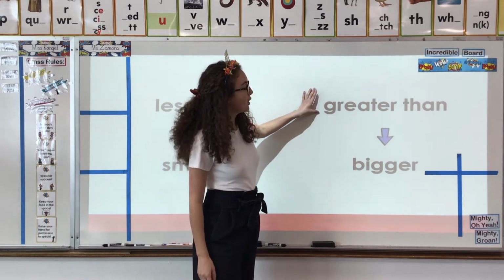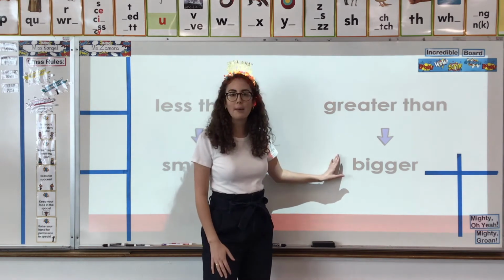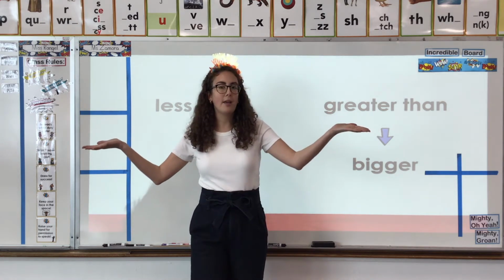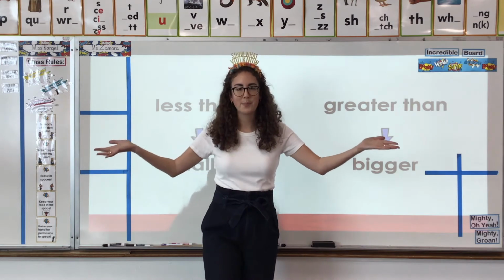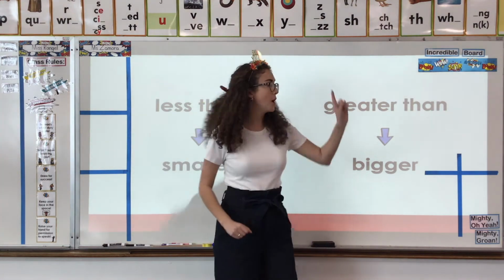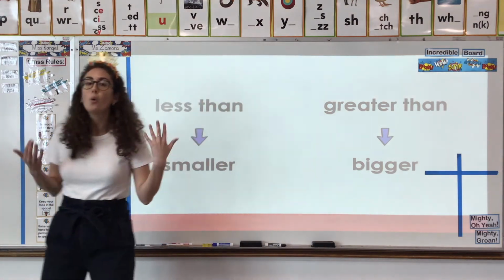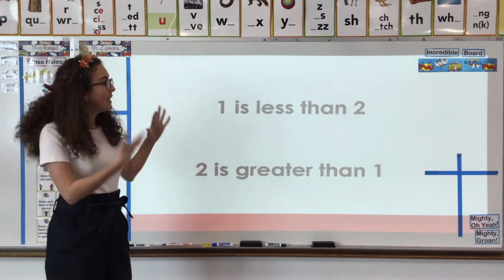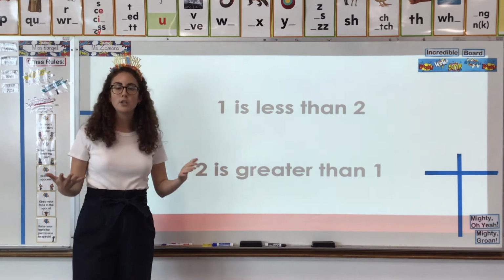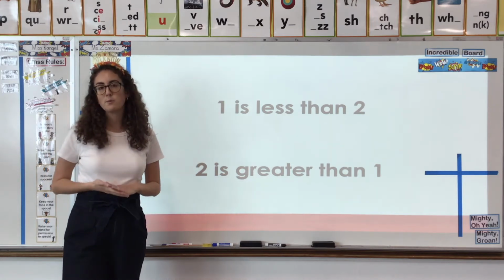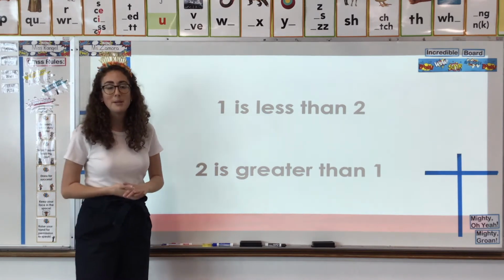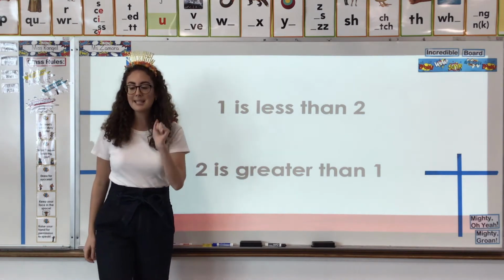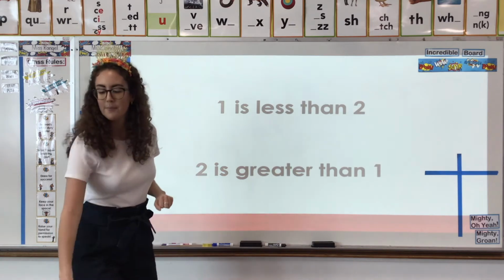So when we're using greater than, we're describing the comparison that one number is bigger than another, greater than. So these terms are the math vocabulary we have been using and we're going to continue using all week. This is how we use our language to talk about relationships between two numbers. But today, we're going to take this language out and replace it with symbols.